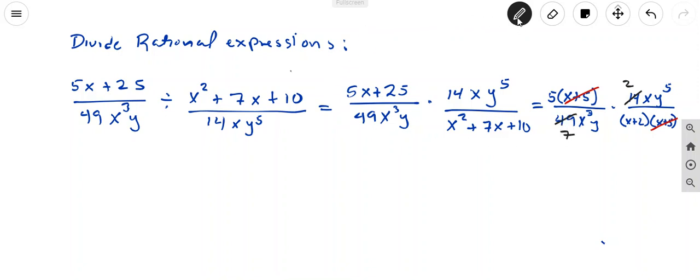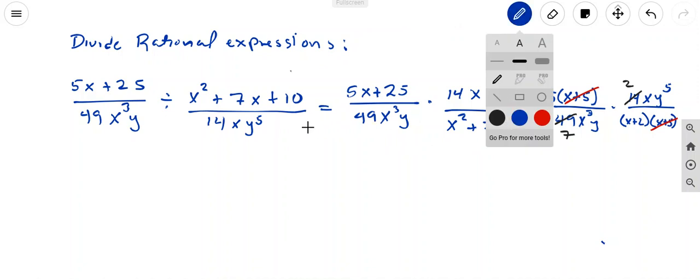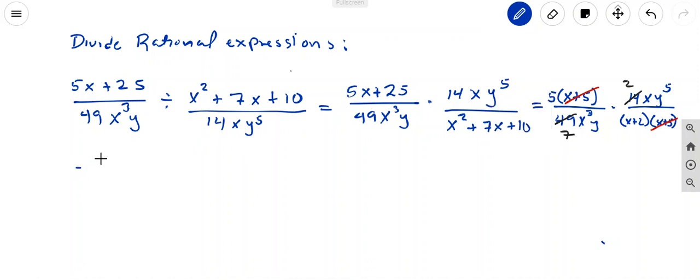I haven't finished simplifying yet, but now I will rewrite the factors that I still have. I have 5 times 2, which is 10, and then we have xy to the fifth.